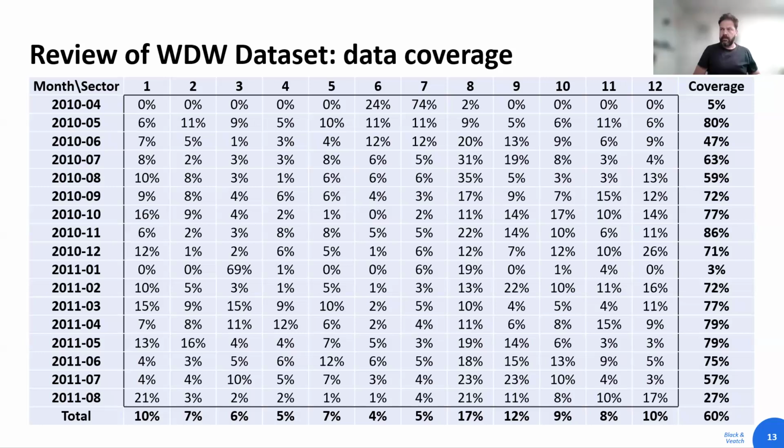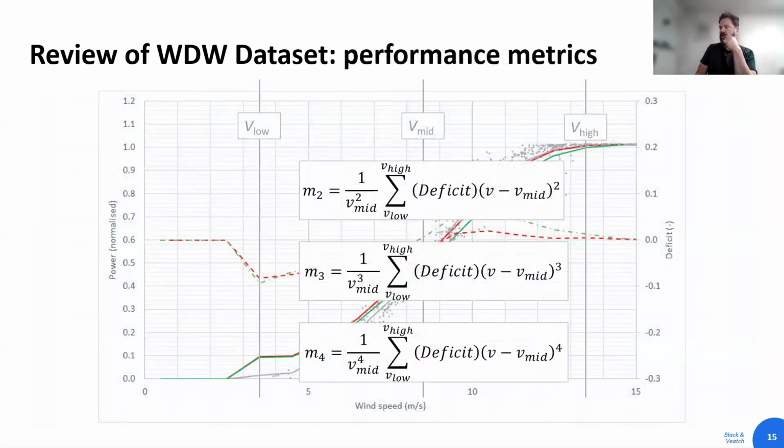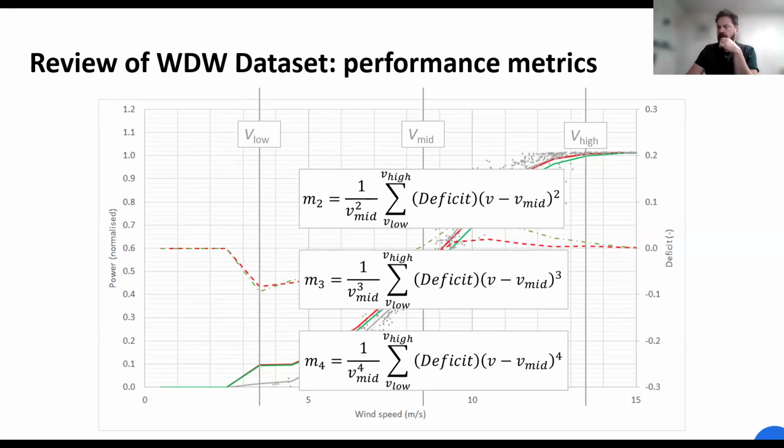And then perhaps the calculation itself can give you a good idea of the sampling bias or the uncertainty with this kind of bootstrap approach. So there you can see the calculation itself. There's a power curve for that sector and month for the test turbine.